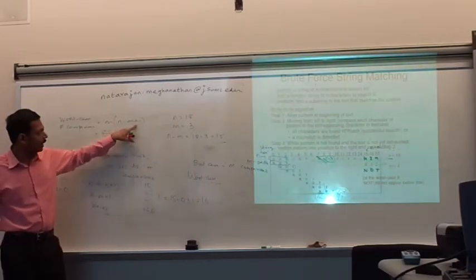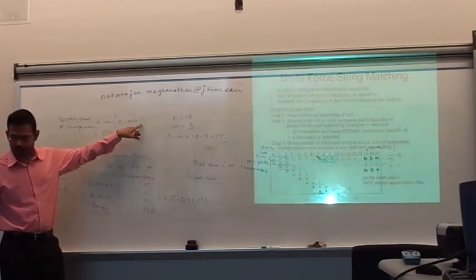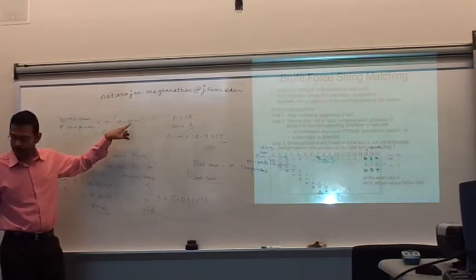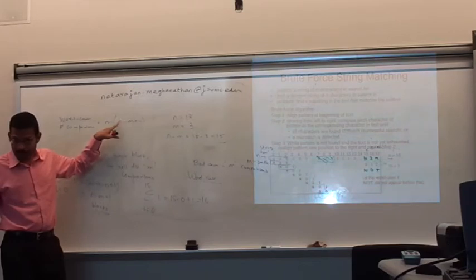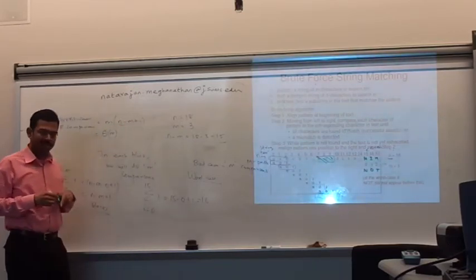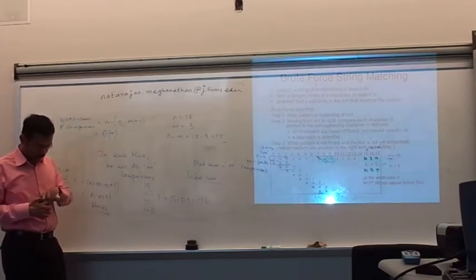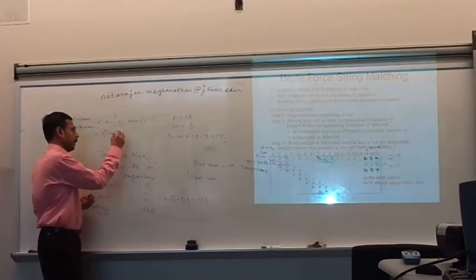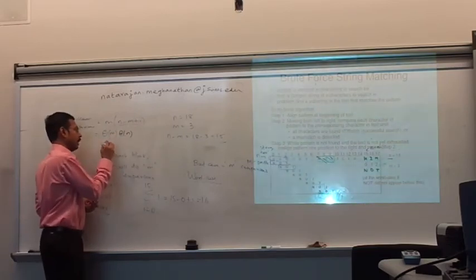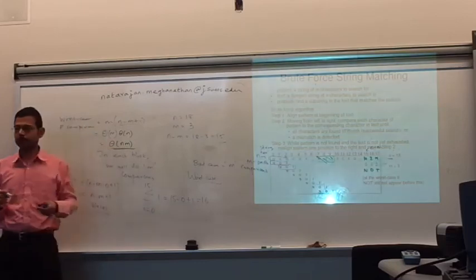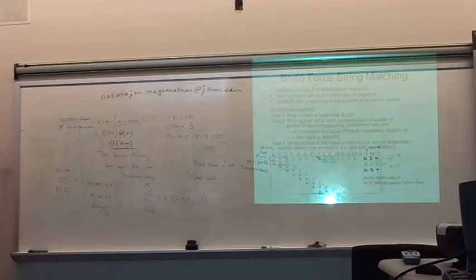Which is the more dominating term within this square bracket? N, right? Because the length of the string is typically much larger than the pattern that you want to search for. So I can say this is theta of nm. Is it clear?